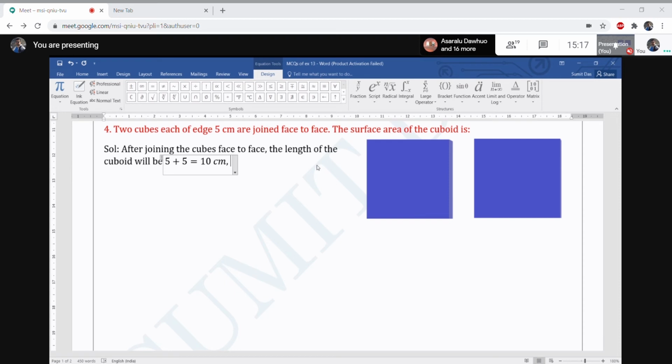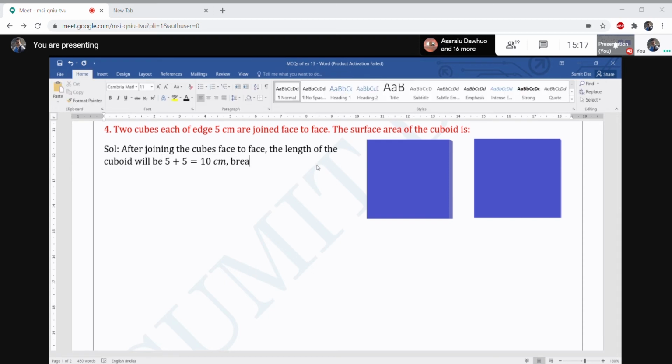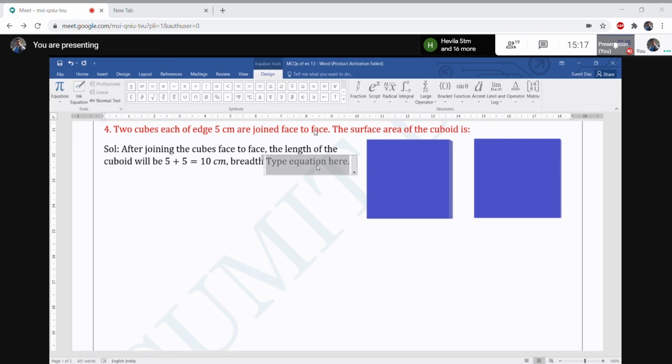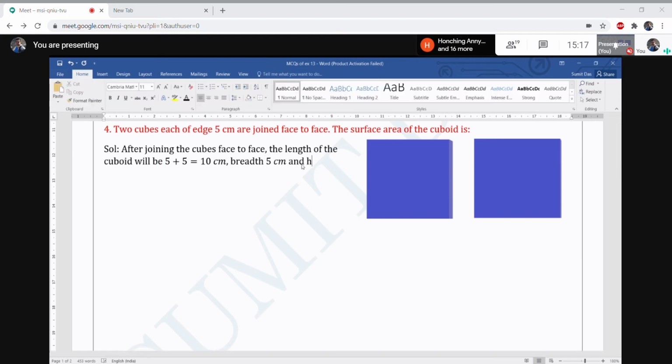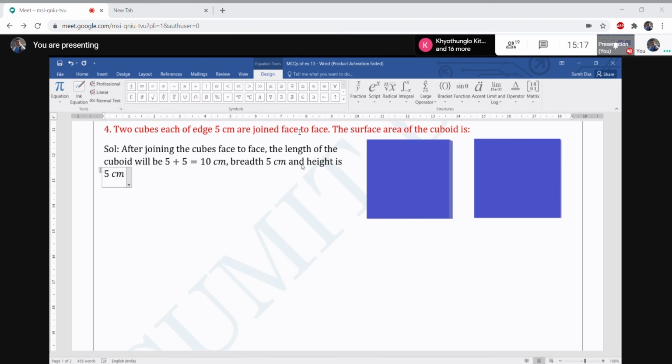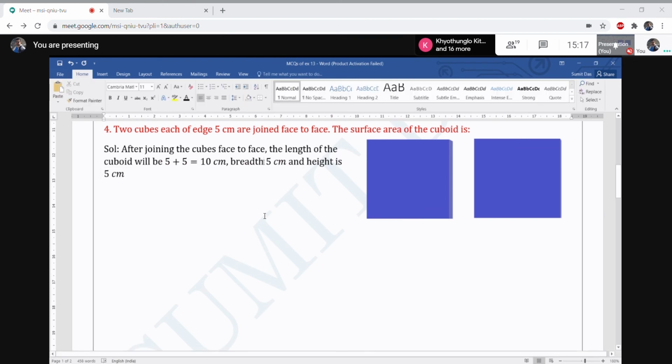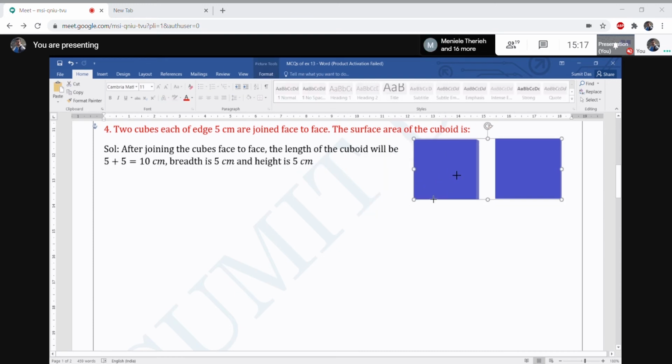Breadth will not change, breadth will be equal to 5 centimeter, and height is the same, 5 centimeter. Then we have to find the surface area of the cuboid, right?